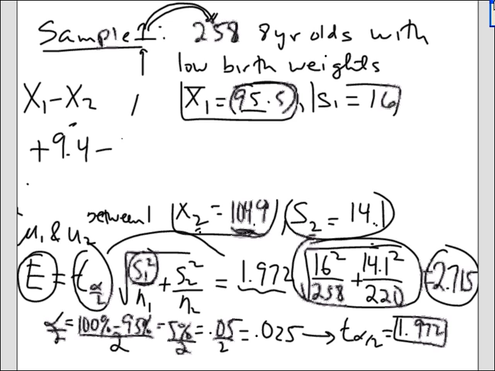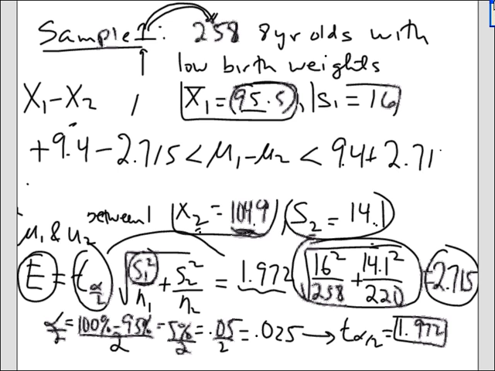We take away E, 2.715. This is less than mu1 minus mu2. And this is less than 9.4 plus the 2.715.